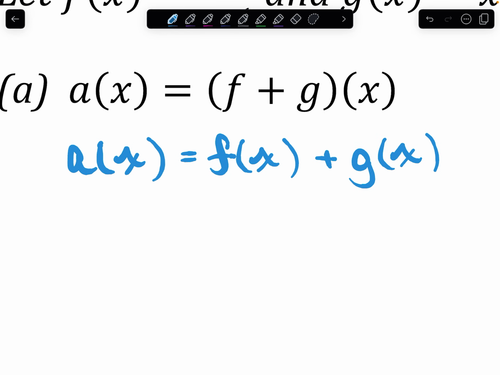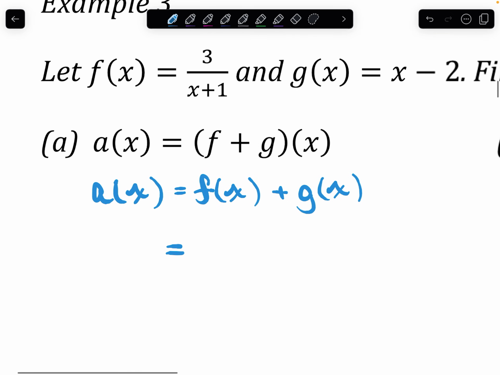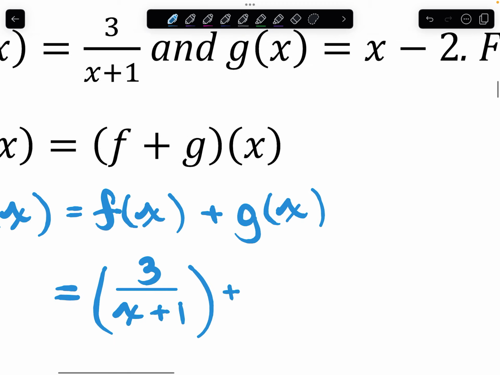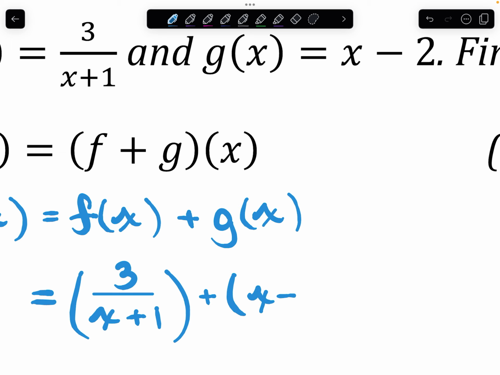So then I'm going to go get my function f, 3 divided by x plus 1. Plus, and then I'm going to go get my function g, x minus 2.